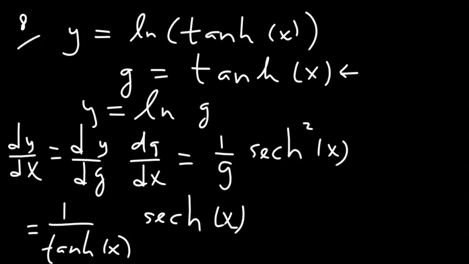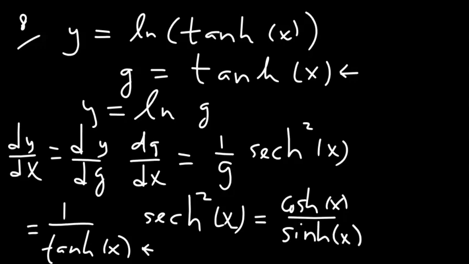Hyperbolic tangent is hyperbolic sine over hyperbolic cosine. So 1 over hyperbolic tangent is hyperbolic cosine over hyperbolic sine, times hyperbolic secant squared, which is 1 over hyperbolic cosine x squared.